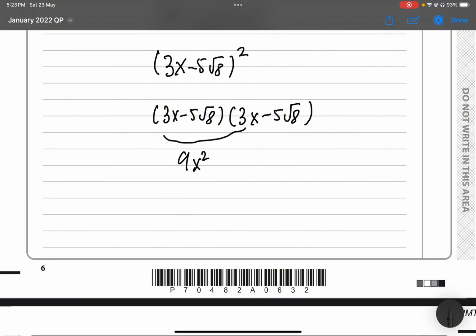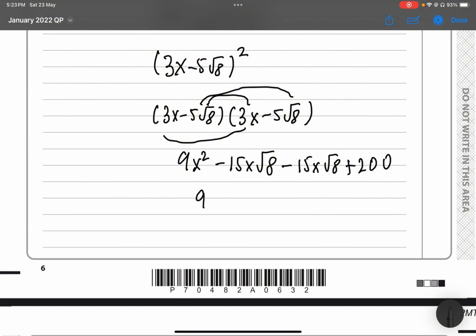Then we have 3x times minus 5 root 8, which is minus 15x root 8. Then we have minus 5 root 8 multiplied by 3x, which is minus 15x root 8. And then minus 5 root 8 multiplied by minus 5 root 8 is plus 200. So we can rewrite this as 9x squared minus 30x root 8 plus 200.